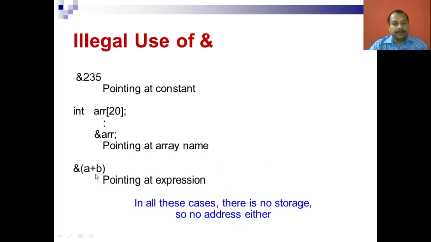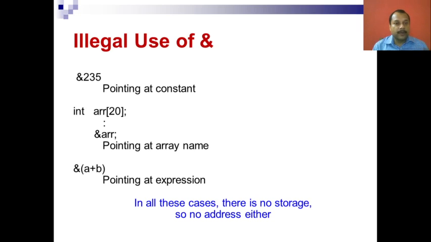Now &(a+b), pointing at an expression. You can clearly understand what this means: a is a memory location, b is a memory location, but when I am writing some expression, then what is the address location of the expression? That doesn't mean anything, right?